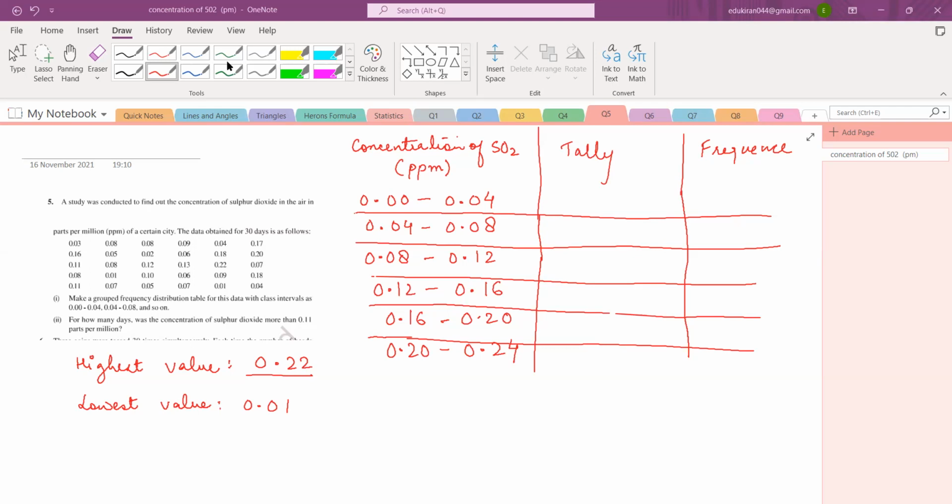You will take the picture of the solution you have done in your copy and you will send it to me during the class itself. Or you can use your mother's phone, your father's phone, whichever you want to use. And you will show me what you're writing in your copy.